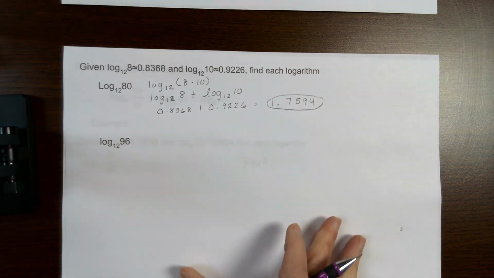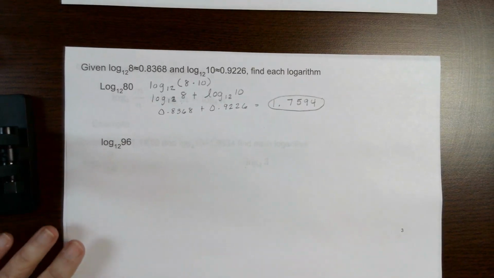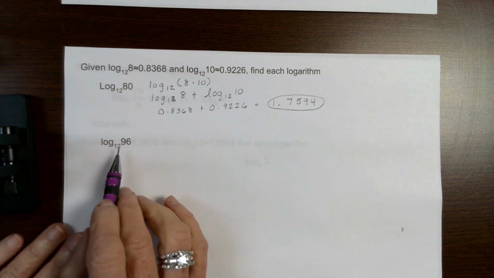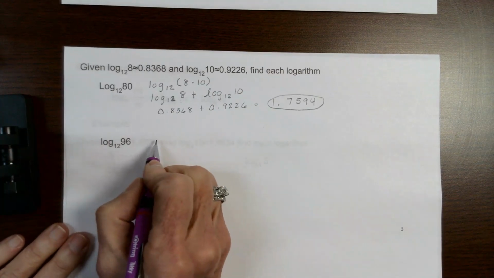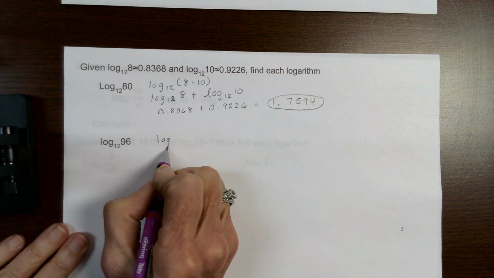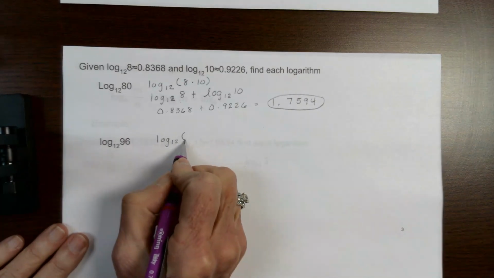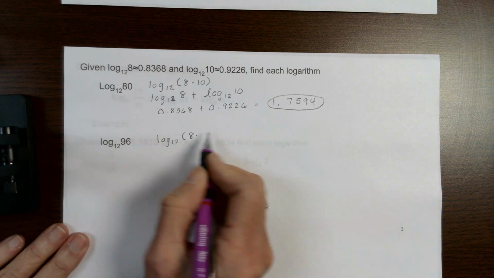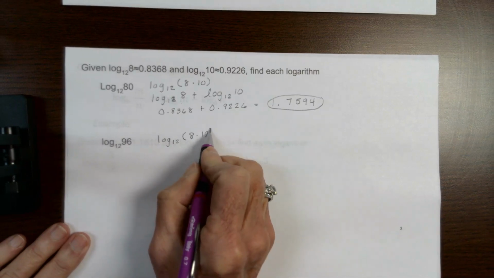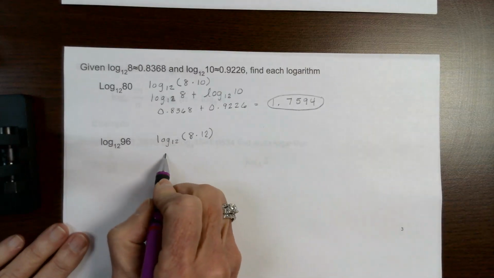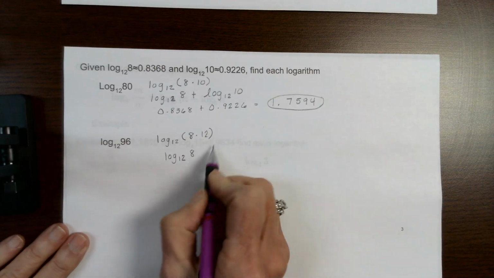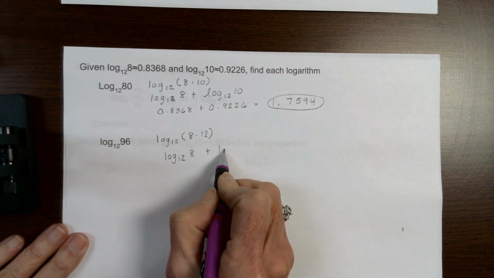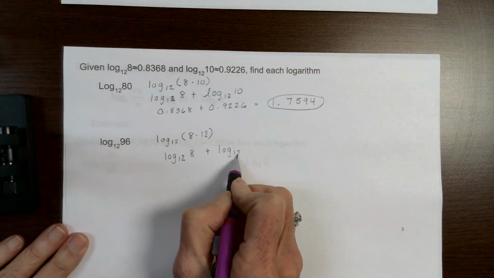All right, now this one looks like it could be a little bit different. You've got 96, which if you think about how you can multiply things together to equal that, that's the same thing as 8 times 12. So I have the log base 12 of 8 plus the log base 12 of 12.